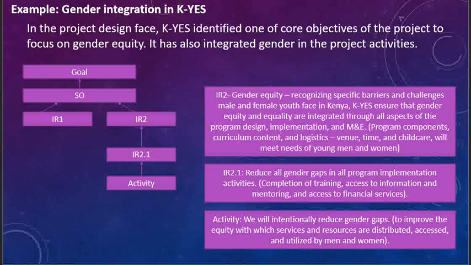So those are what we want to get at in the subordinate intermediate result 2. And then the activity, like we will intentionally reduce this gender gap to improve equity with which services and resources are distributed, accessed and utilized by men and women.